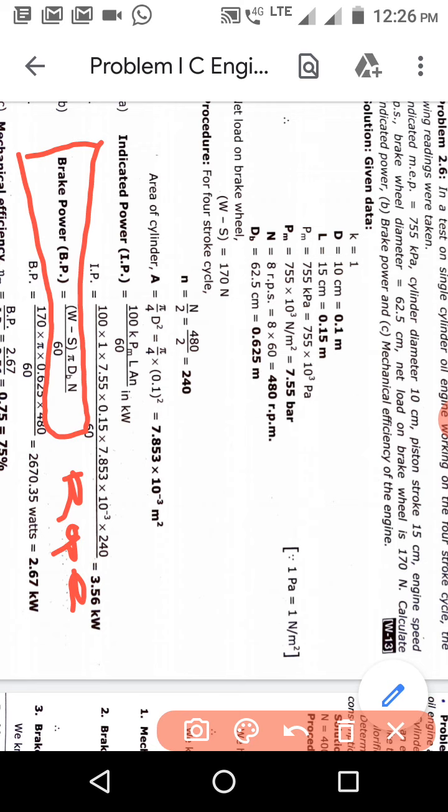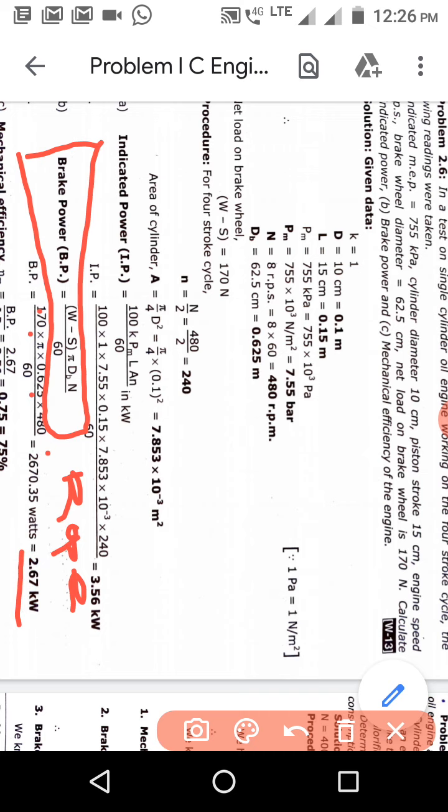So W minus S is 170, pi is 3.14, diameter of brake drum is 0.625, and the speed of the engine is 480 revolution per minute. So 170 into pi into 0.625 into 480 divided by 60, we got 2.67 kilowatt.